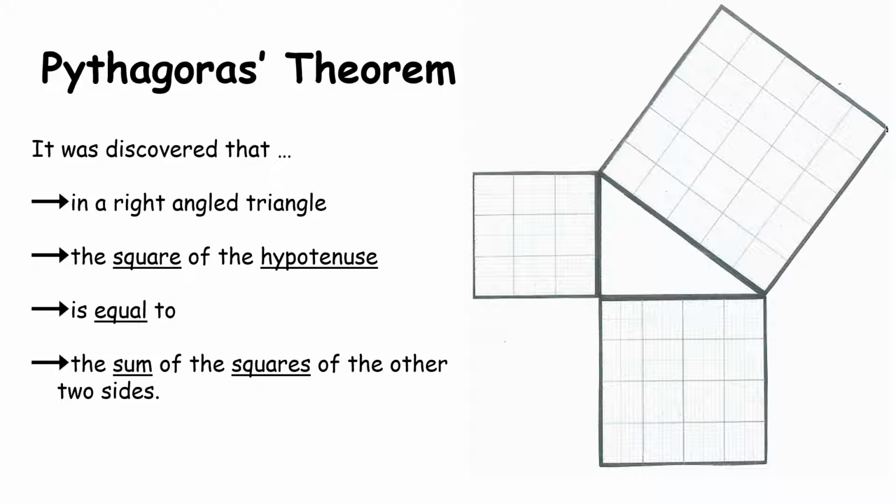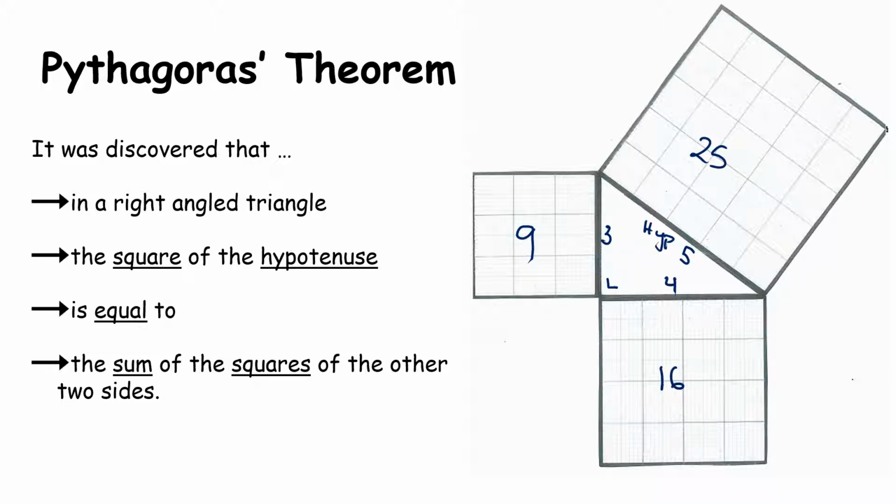So let's take a look at this. Here's my hypotenuse, my longest side. Here's my right angle. What he discovered was that the length of this side is 5, and if I drew a square, which is 5 by 5, it would have an area of 25. The other two sides have lengths of 3 and 4 respectively. The square on the side of 3 has an area of 9, and the square on the side of 4 has an area of 16.